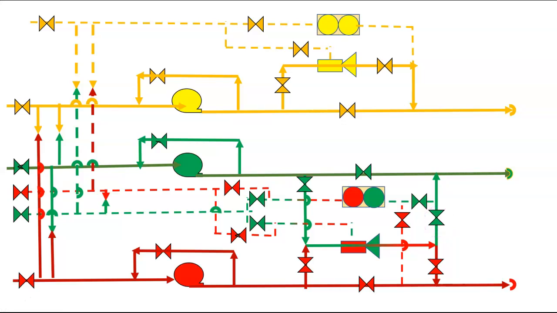Hopefully they're in the right spots, but we have enough valves. How about the red? 1, 2, 3, 4, 5, 6, 7, 8, 9. Remember, this is a valve that's missing. That's why we only have 8. This valve is missing in the yellow system. So nine valves. So the number of valves is correct. That's always the first job.